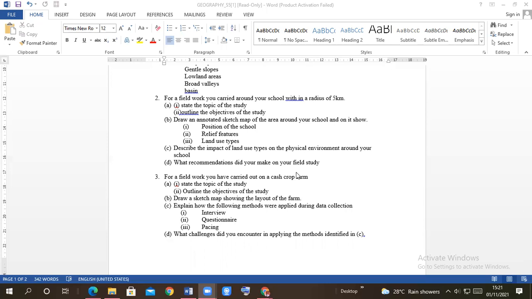A cash crop farm, you have to tell us the name of that crop, for example, the growth and development of Kasaku tea farm, the growth and development of Kasenyi tea plantation. Tea is the cash crop. Cotton is the cash crop.